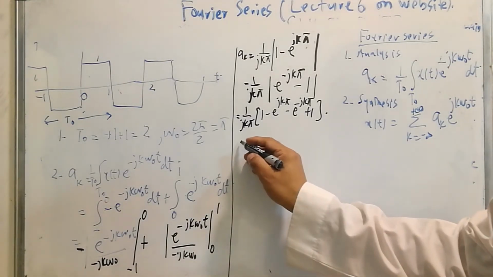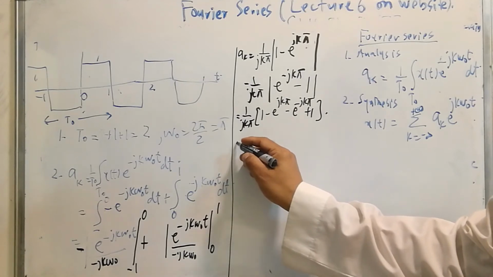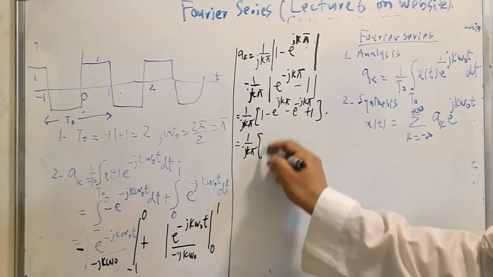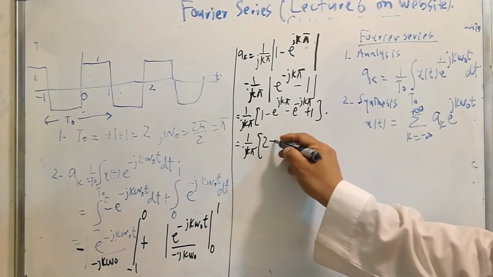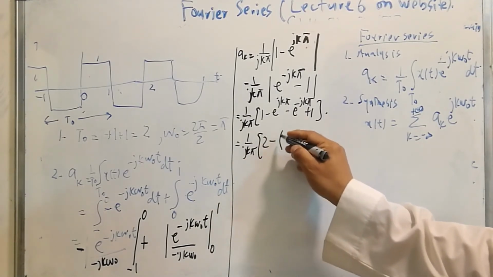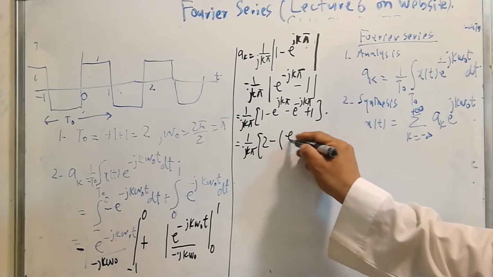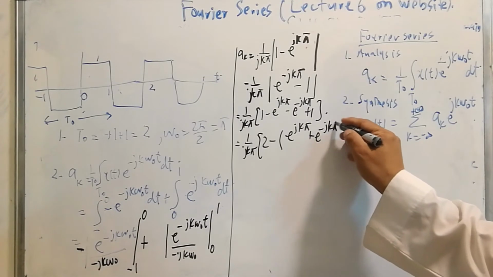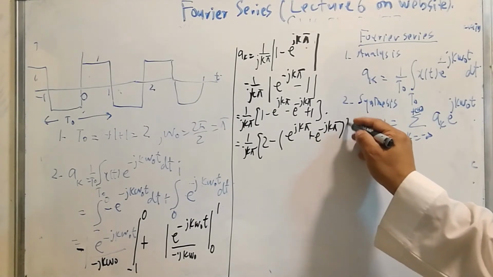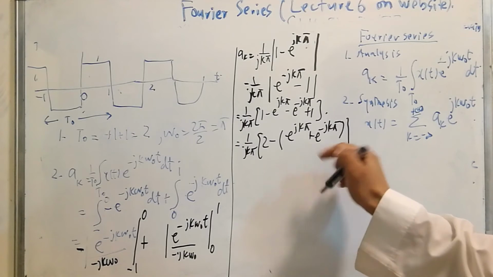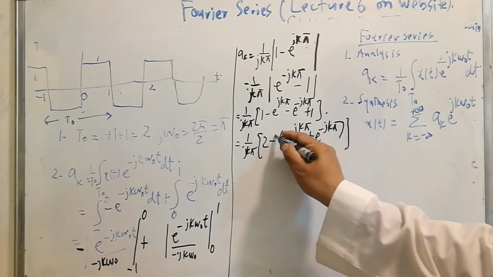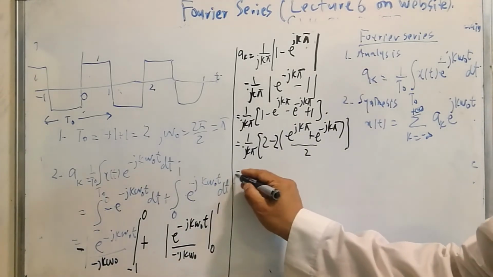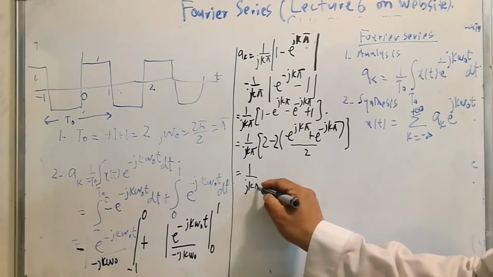So this is equal to 1 over j k pi, 2 minus, I can take as a common factor, and also, if you look here, this is a cosine, right? The only thing missing from the cosine is 2, so I can just divide it by 2 and multiply by 2. So this is my cosine of k pi. So this is equal to 1 over j k pi.